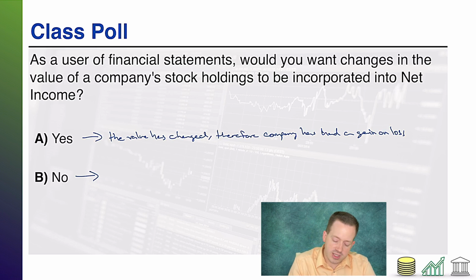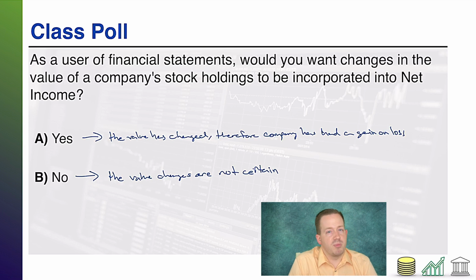The argument I usually see for no is, again, going back to the prior slide, the value changes are not certain, right? Until you sell, if the price went up, it could go back down. If it went down, it could come back up. If it went up, it could go up further. There's no telling what's going to happen. There's uncertainty.